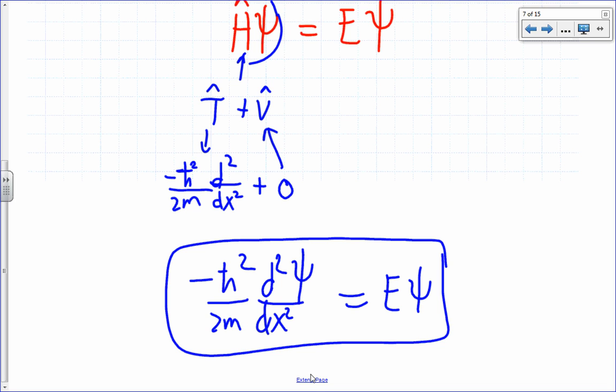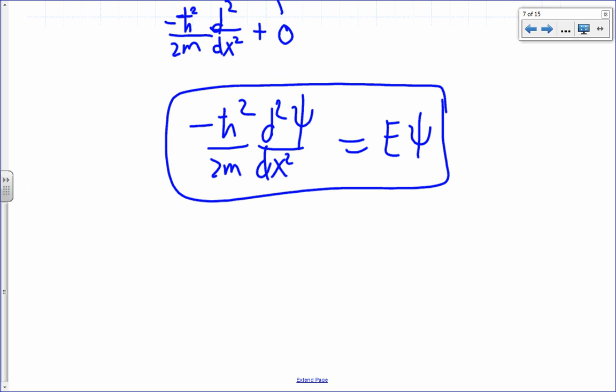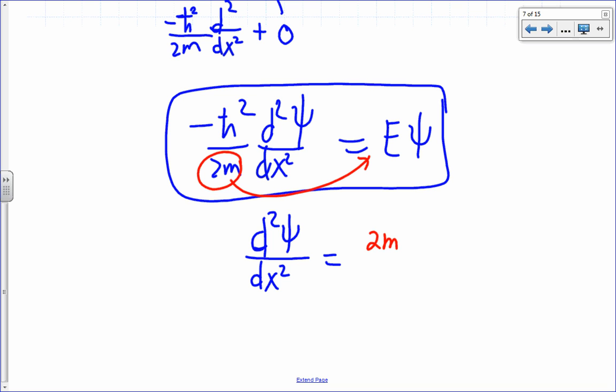And let's rearrange this to something that is a little bit familiar. I'm going to move my m and my h bar squared to the right. So what do I have? Second derivative of psi with respect to x equals, I'm going to move my m over there, so it's going to be 2m times E, right?